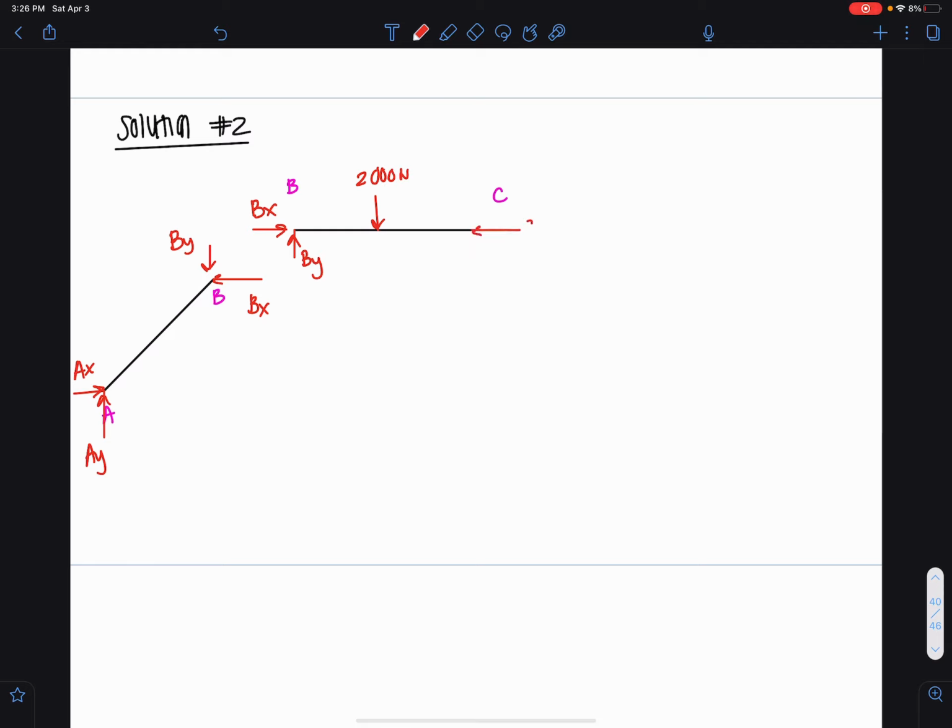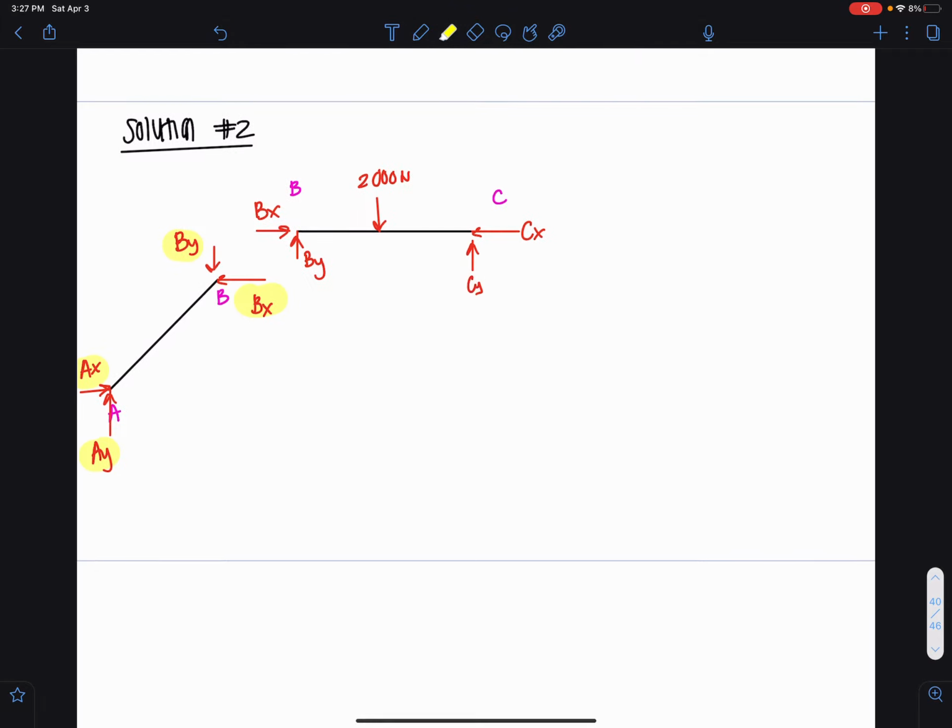So you may already have noticed that I need to do two analyses here. I have how many unknowns? Let's go through and highlight. 1, 2, 3, 4, 5, 6 unknowns. But I only have 3 equations of equilibrium per structural system.